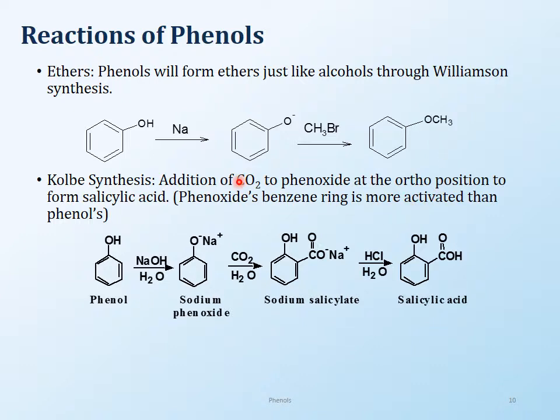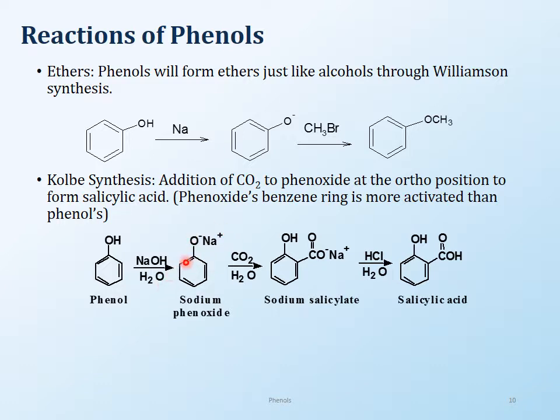One of the most interesting syntheses is the Kolbe synthesis, and depending on which textbook you're using, it may or may not be in your textbook, but I would like to include it because it's really very interesting. It's also a very common synthesis of salicylic acid, which is related to aspirin. So here's phenol, and you treat that with a base normally and you get phenoxide.